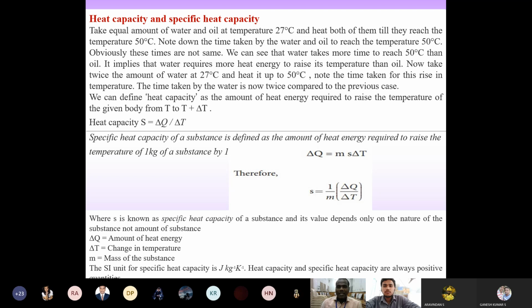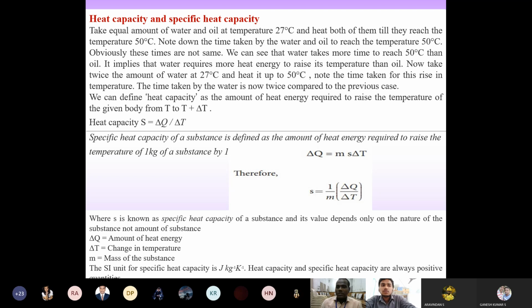Now take twice the amount of water at 27 degrees Celsius and heat it up to 50 degrees Celsius. Note the time taken for this rise in temperature. So again we are repeating the experiment, taking twice the water compared with the oil, and noting the time to reach 50 degrees Celsius. The time taken by water is now twice compared to the previous case.